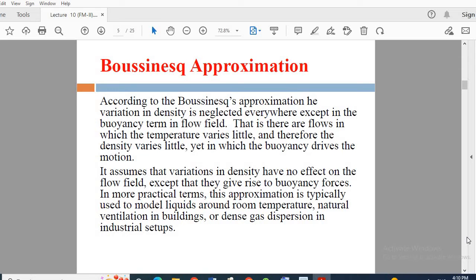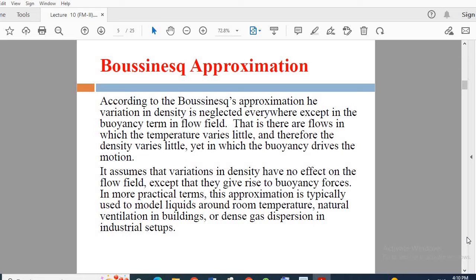That is, there are flows in which the temperature varies little, therefore the density varies little, yet in which the buoyancy drives the motion.